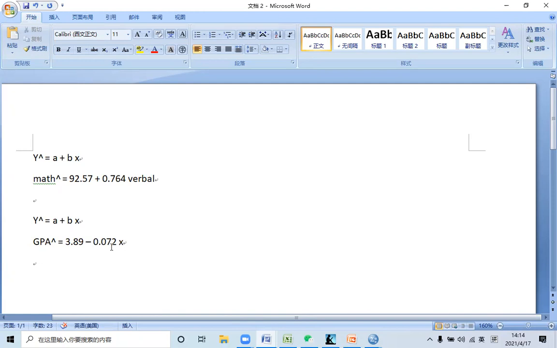And this negative 0.072 means for every hour increase of TV watching, GPA would go down by 0.072 points. This is the relationship between how many hours of TV watching and the GPA level.